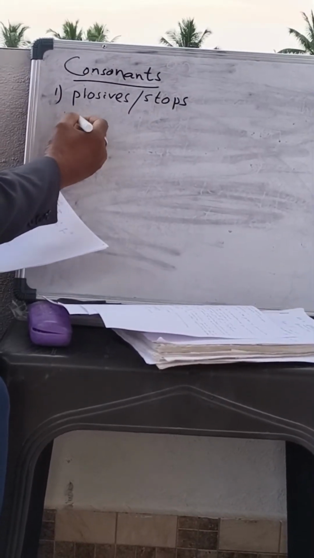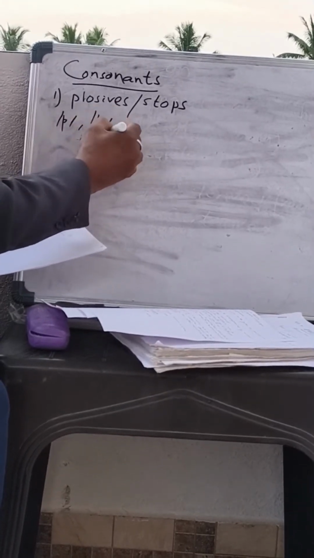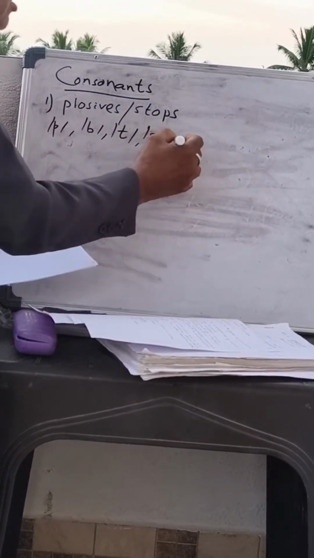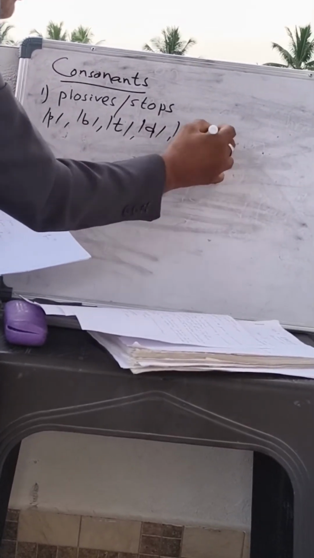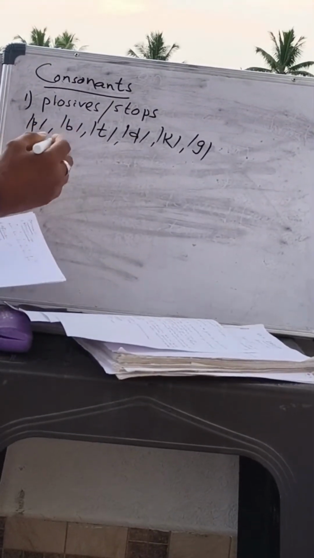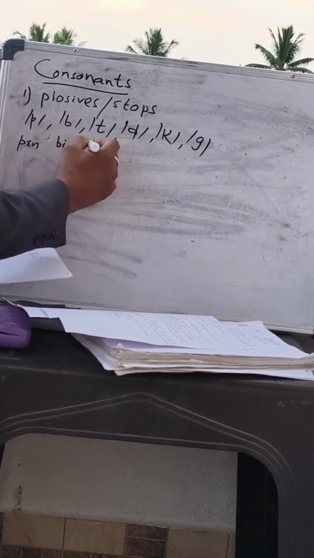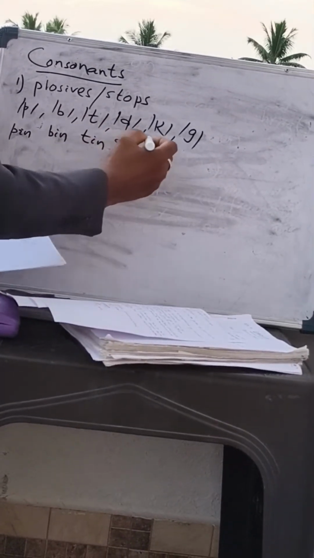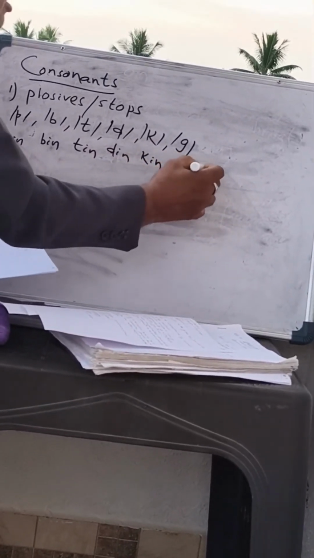Po, bo, to, do, ko, go. P for pin, B for bin, T for tin, D for din, K for kin, G for give.